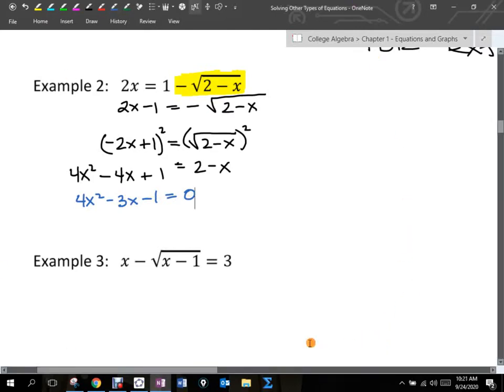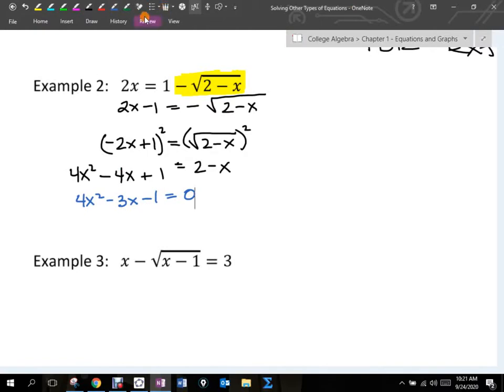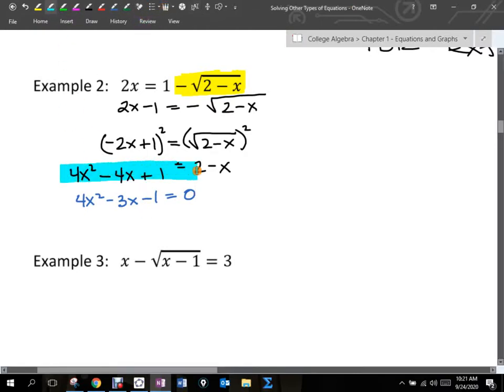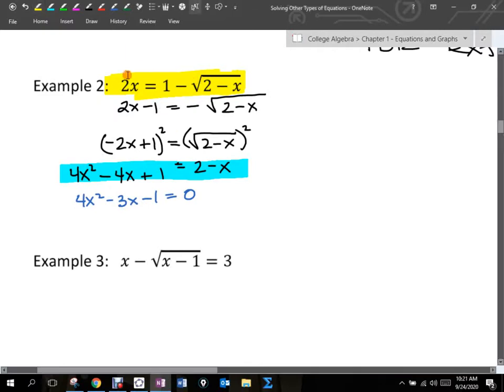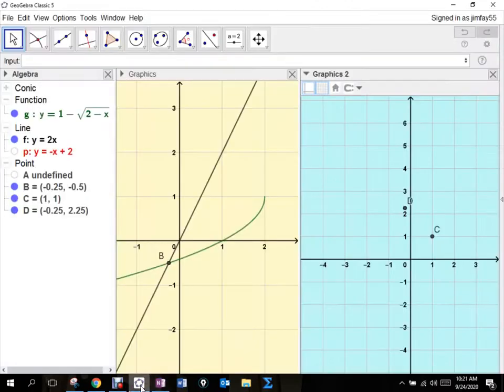At this stage, guys, I want to go back real quick to this line here and compare that graphically with the yellow, just to remind ourselves of what's really going on inside the graphical understanding of our solutions. If I look at that yellow thing right there, I've got it set up in GeoGebra.